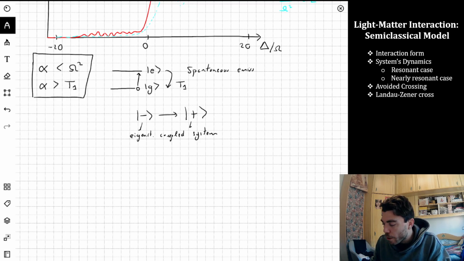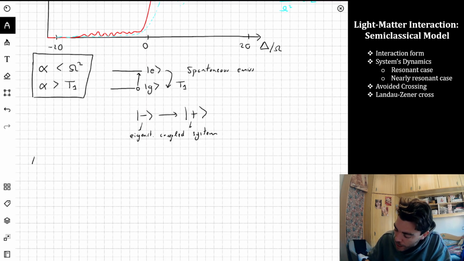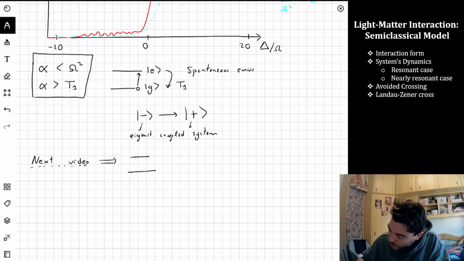But I think that it's worth it now, and in the next lesson we will see what happens if we also quantize light, right? Because I think this is also a very important question. So in the next video we will change gears in some sense, and now we will have an atom or a qubit, if you want, with a ground state and an excited state, certain splitting.